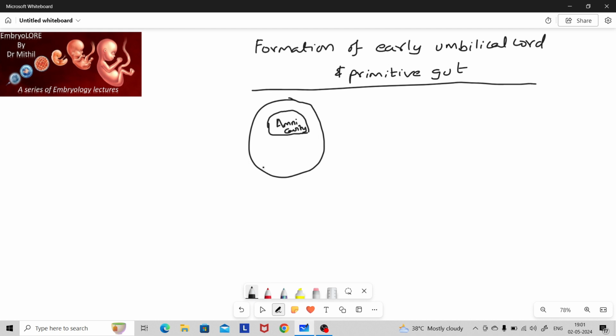Now below that is the yolk sac. So this is the yolk sac, and surrounding this we will be seeing the extra embryonic coelom, which is bilayered.